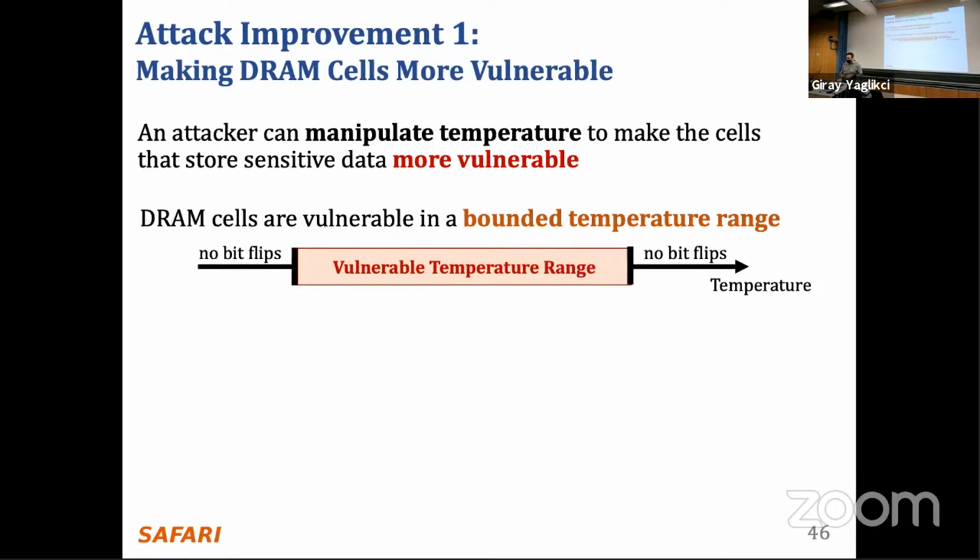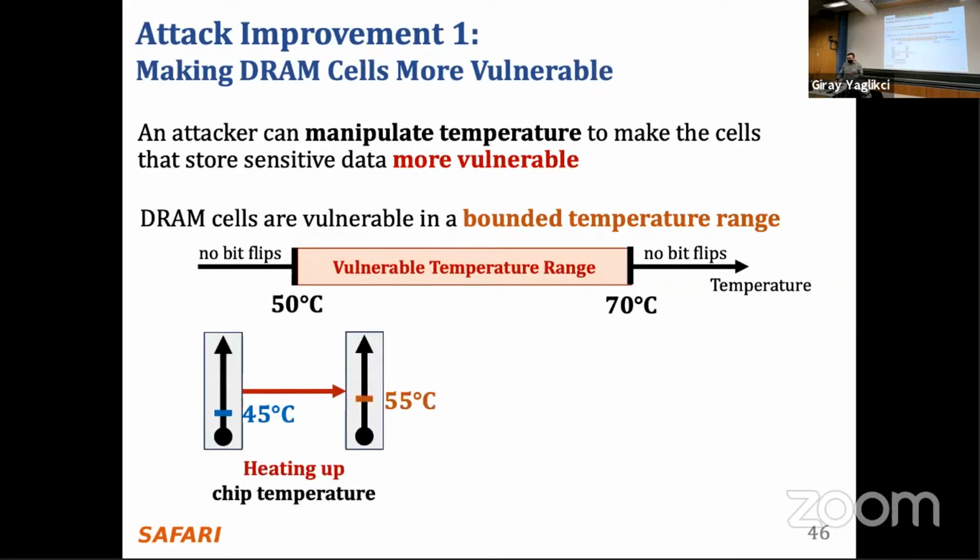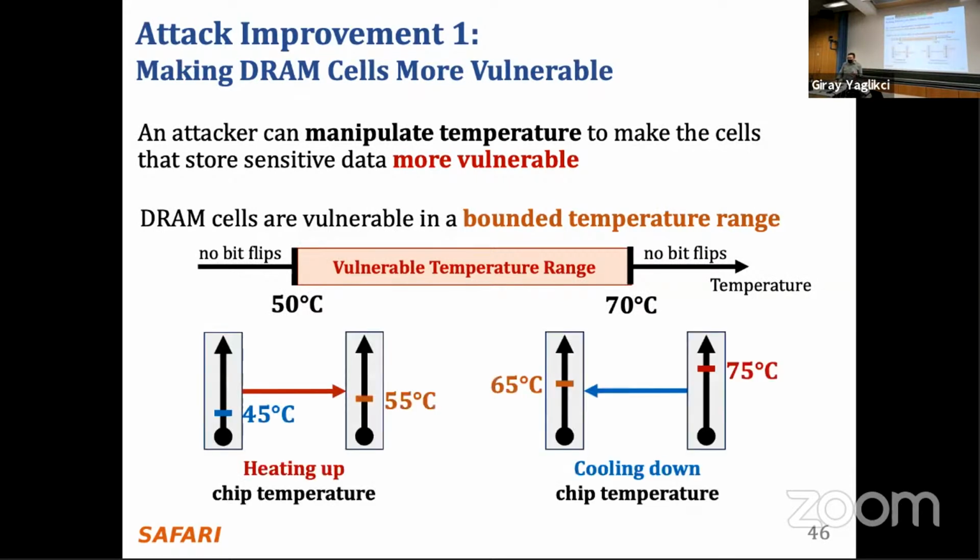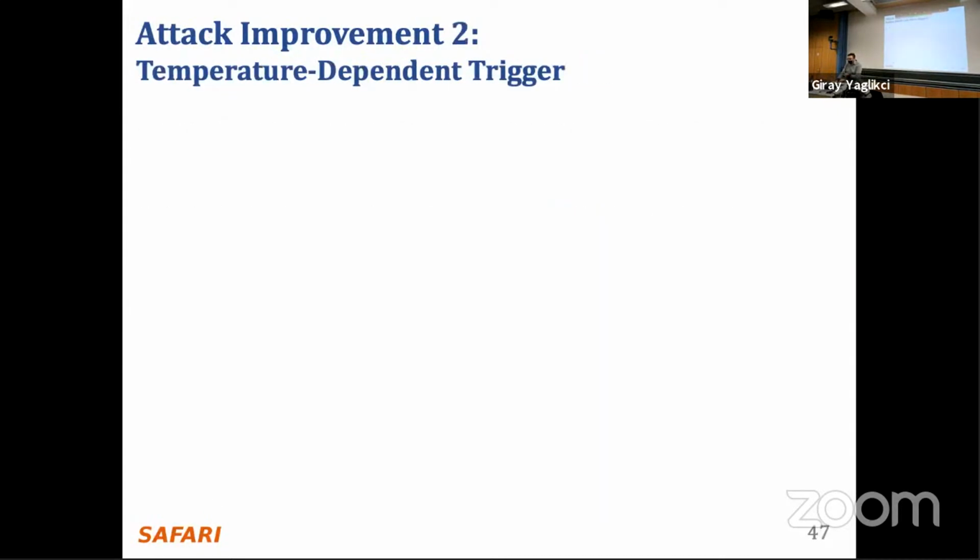Let's say this range is between 50 degrees and 70 degrees Celsius. The attacker can warm up a chip or cool down a chip if it is warmer or cooler than this vulnerable temperature range, and force the chip to operate in that range so that it can attack, right? So this is a very simple implication for an attack.